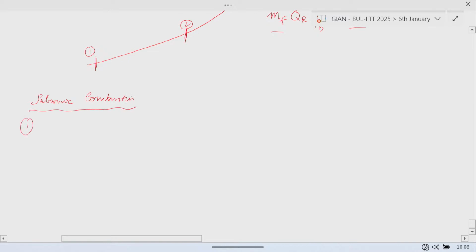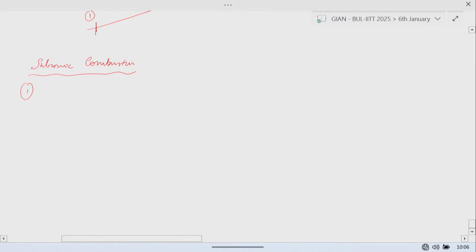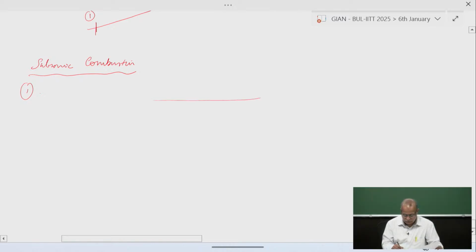Problem number 1. It says a gaseous mixture of air and fuel enters the combustor, a combustion chamber, with a velocity. So here it is 1, and this is 2.